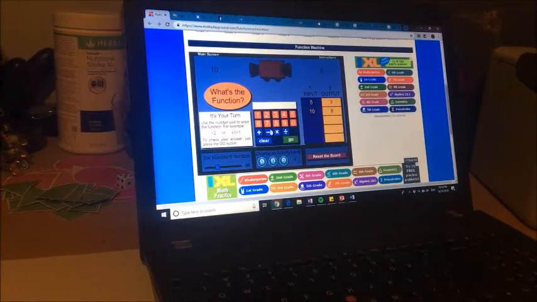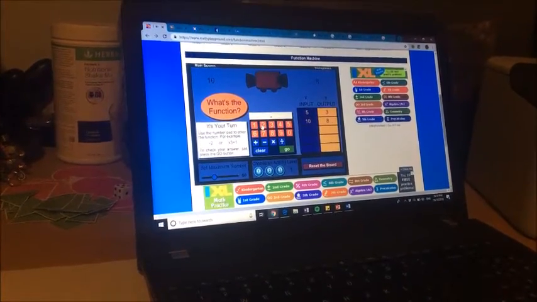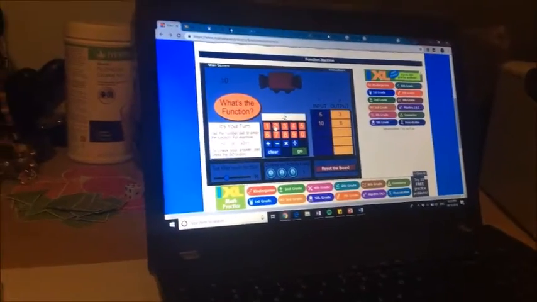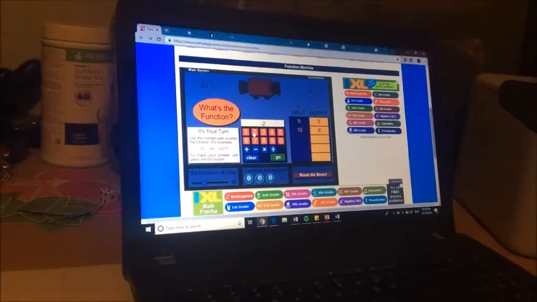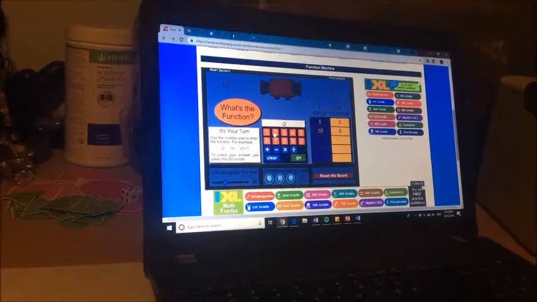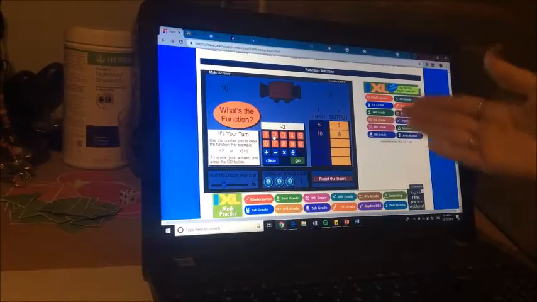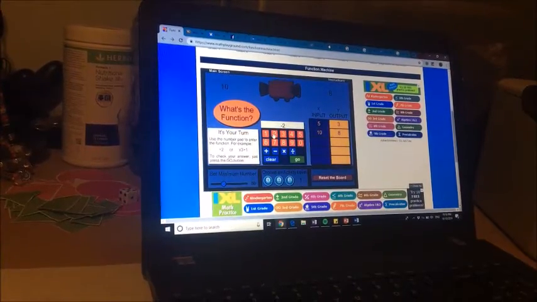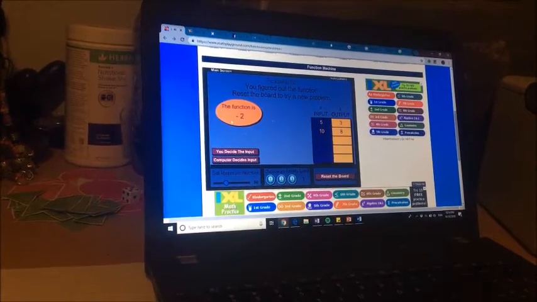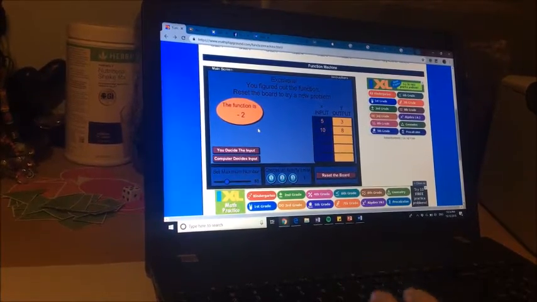So now I think this is to take away 2, because if we had 5 and 3, you have to take away 2. Another way to see if I'm correct is 3 plus 2 equals 5, or 8 plus 2 equals 10. So that's how you know it could be the correct function. And there you go, we are correct. Any questions about using it?